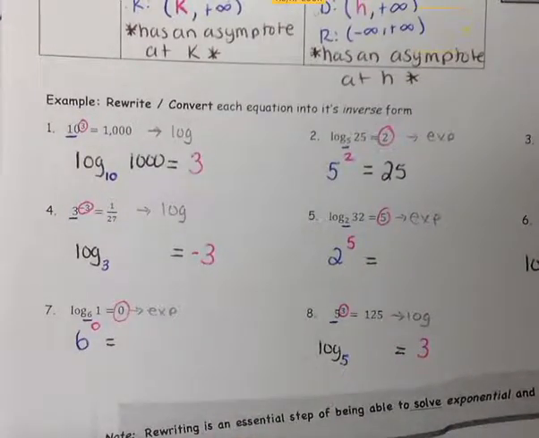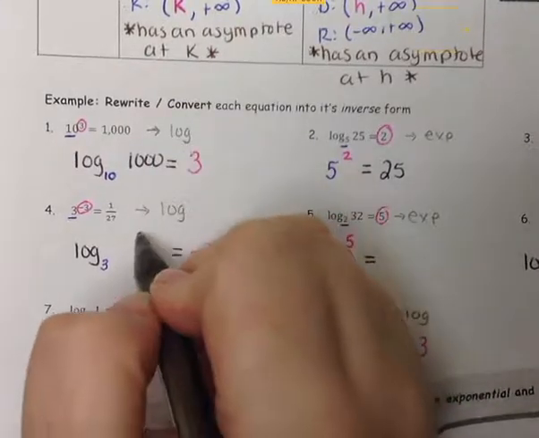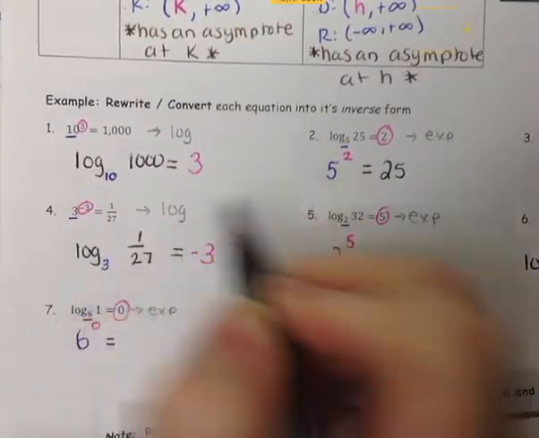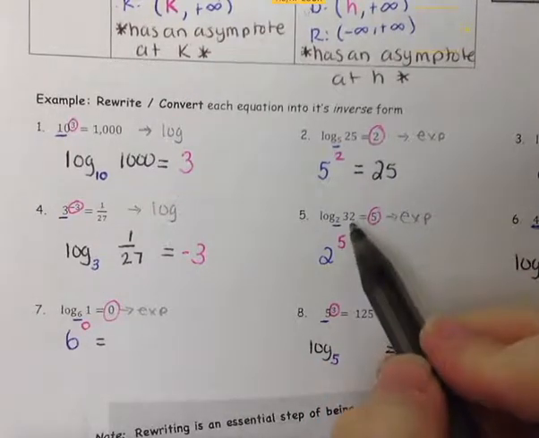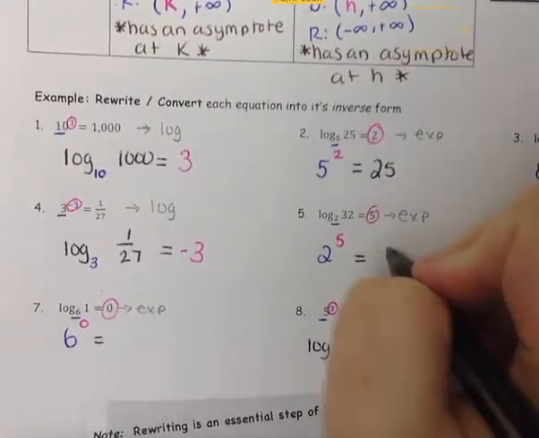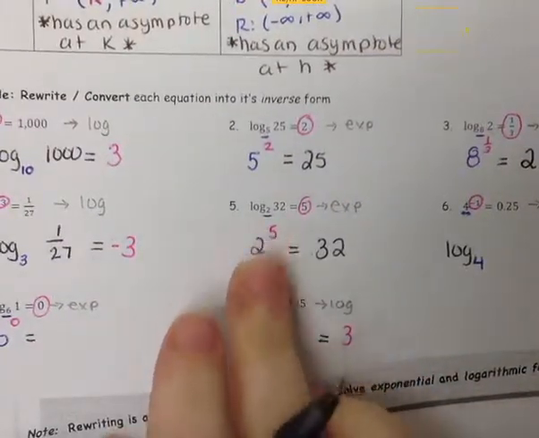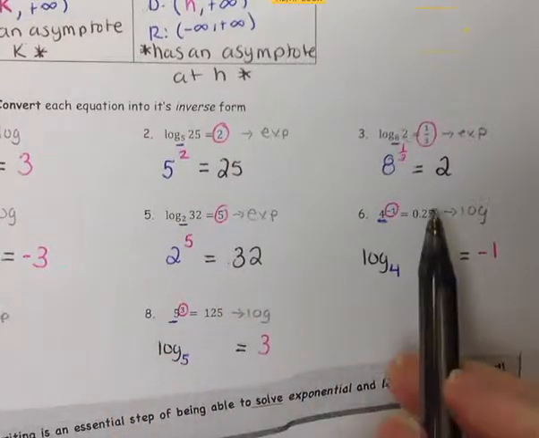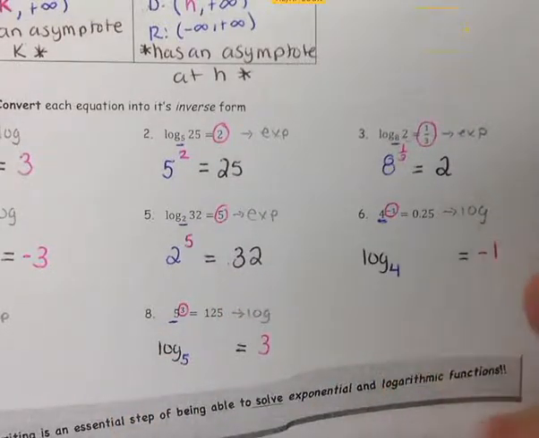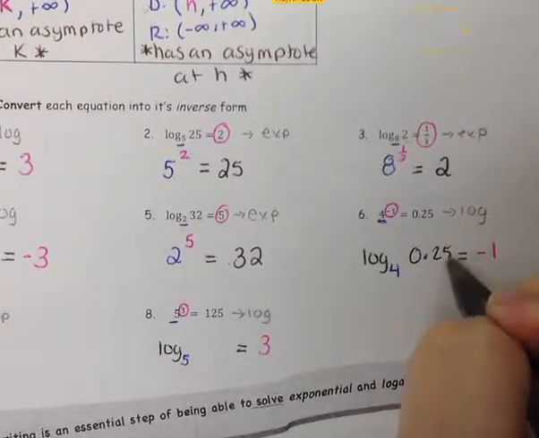For number 4, the part that's still remaining is the 1/27, so it's going to go into that space in the middle. For number 5, the part that's still there is 32. Put it on that empty space. 2 to the 5th is 32. For number 6, we're missing that 25/100ths or a quarter, so that will be written in this space.